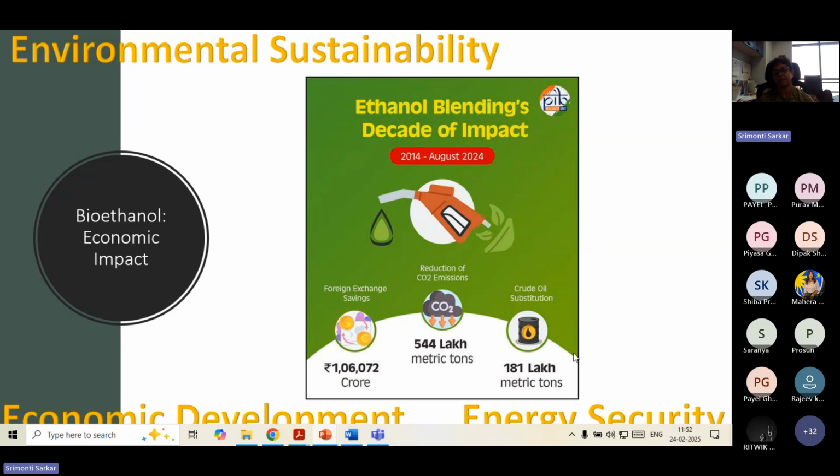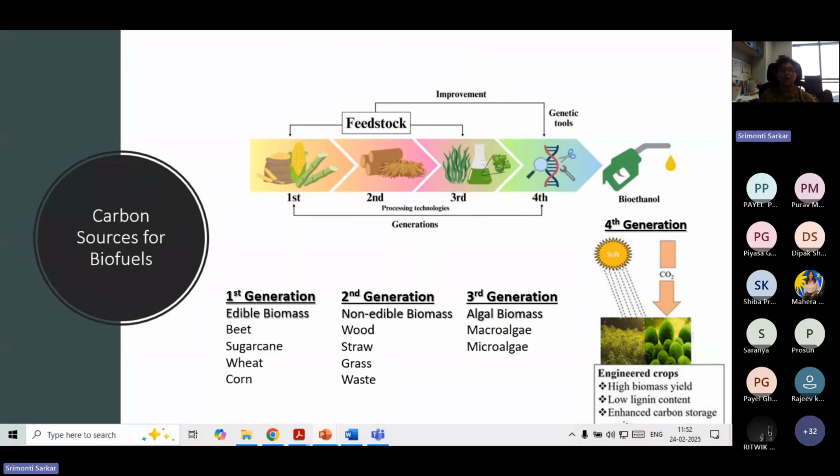But this substitution, we need to do more, and other technologies such as car engines being converted to be able to use a higher amount of bioethanol, that needs to be done.